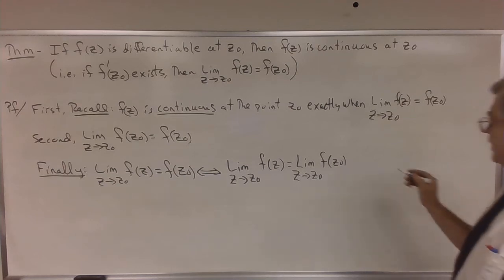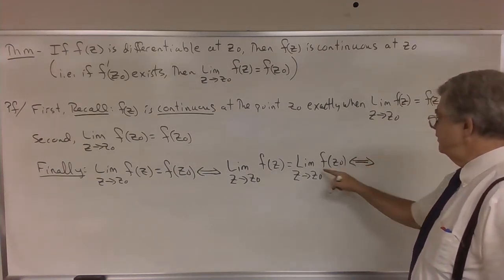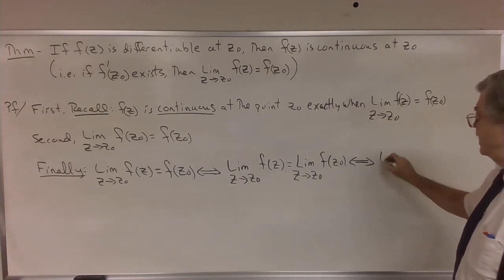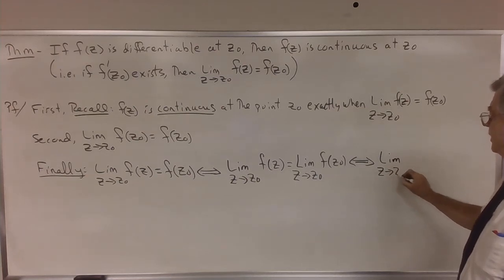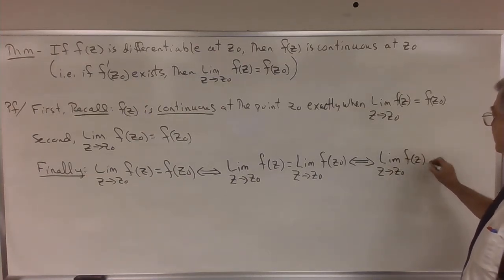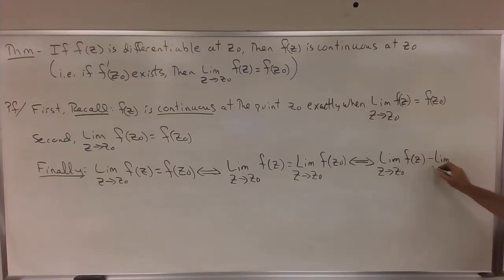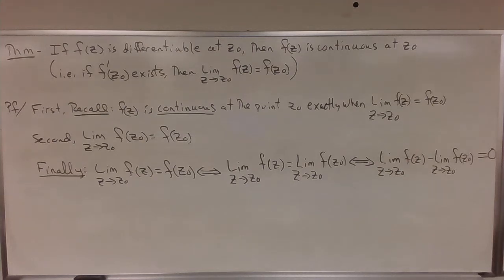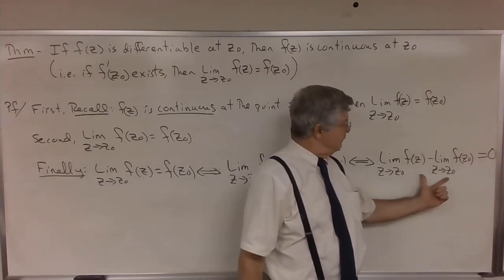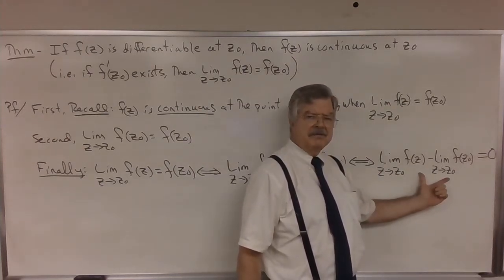Now what do I want to do? I think I want to say that this is true exactly when, and I'm going to subtract this thing from both sides, the limit as z goes to z naught of f of z minus the limit as z goes to z naught of f of z naught equals 0. And right here I have the difference of two limits.